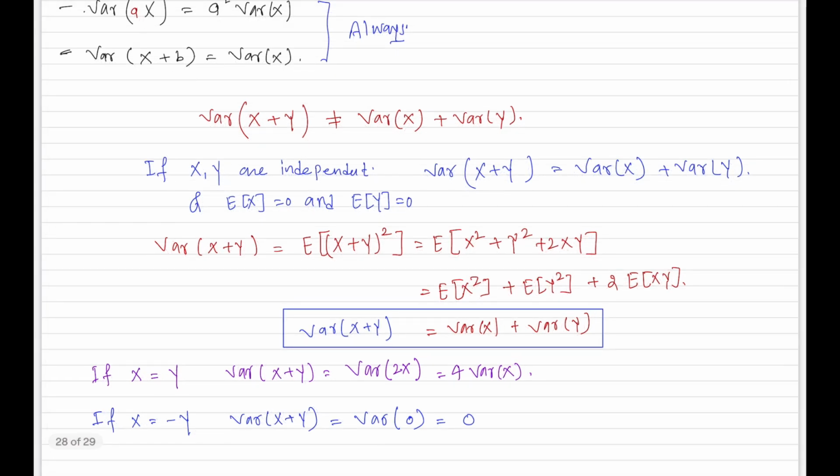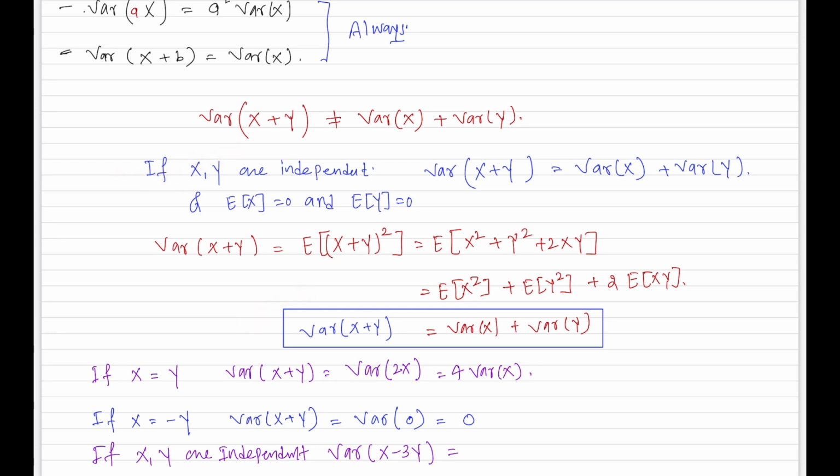Let's take one more example. Let's say the random variables X and Y are independent, and we want to find the variance of the random variable X minus 3Y. We know these two random variables are independent, so we can easily make use of this property.